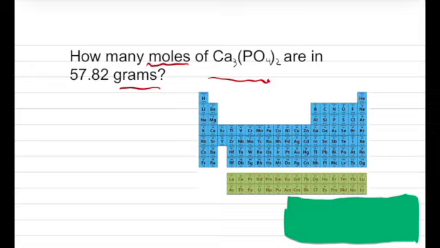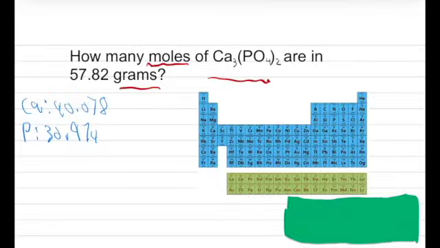Ca, as you can see, has a molar mass of 40.078. P has a molar mass of 30.974. And oxygen has a molar mass of 15.99.